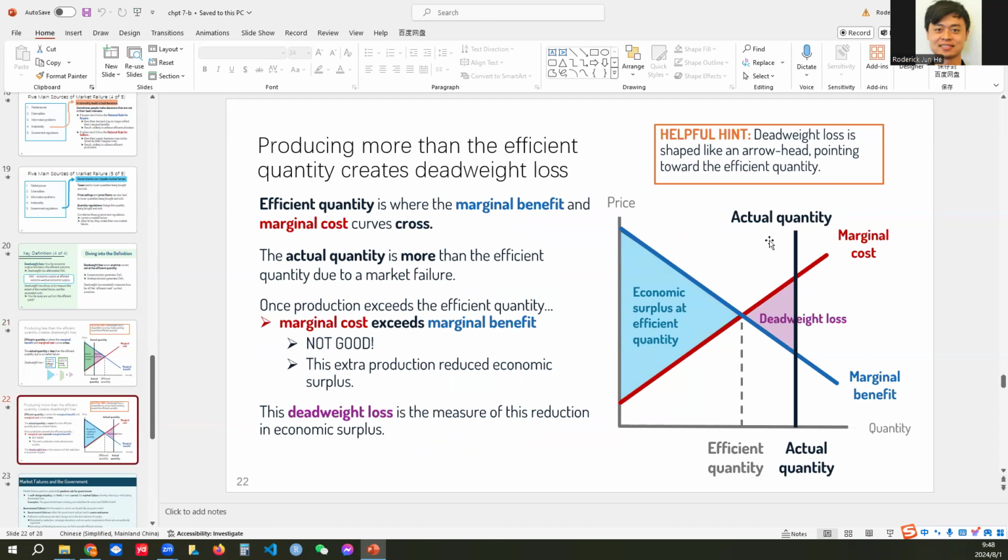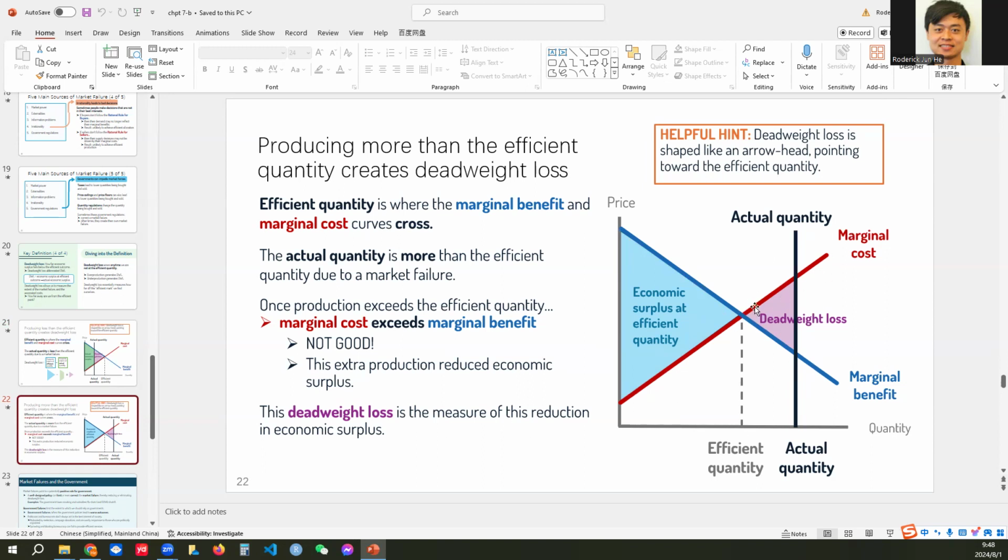The second one is overproduction. If now the central planner or the government orders the production to be at this level, with their interference, what happens is, yes, we obtained the entirety of the triangle here, but for each product that is required to be produced in excess of the efficient quantity, the marginal cost exceeds the marginal benefit.